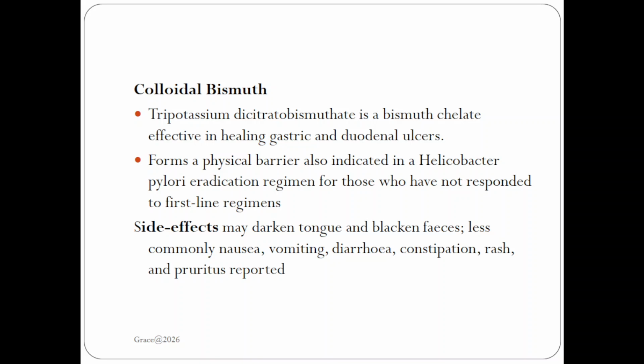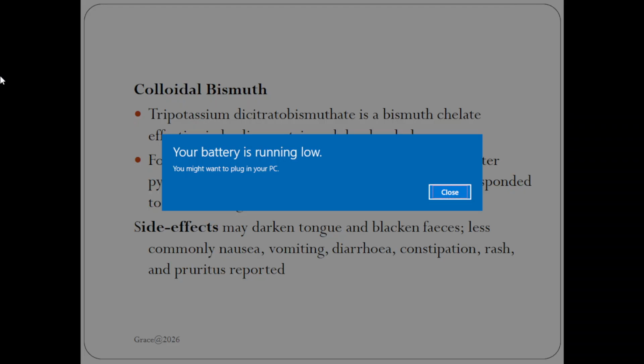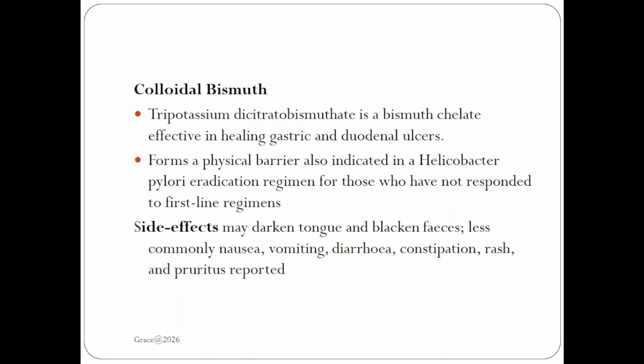And some of the side effects that you may have is the darkened tongue and the blackened feces. So your patient, after taking this colloidal bismuth, may start complaining over the tongue and the feces, so you have to tell them the truth.